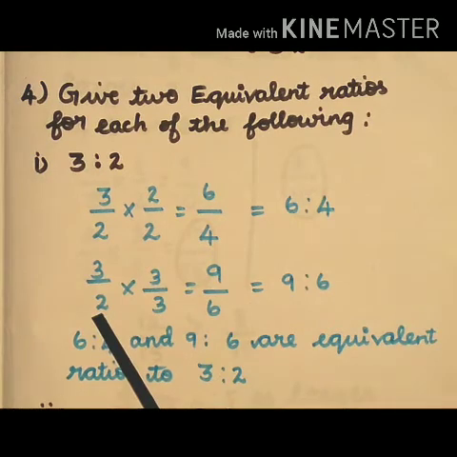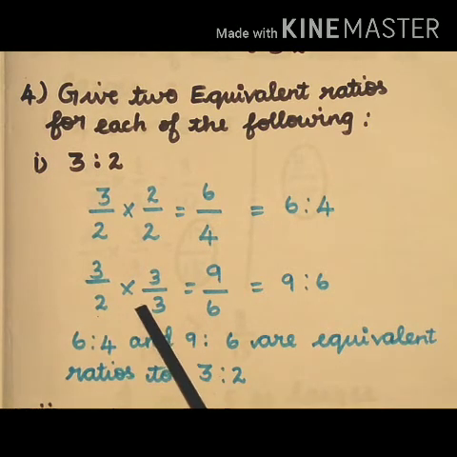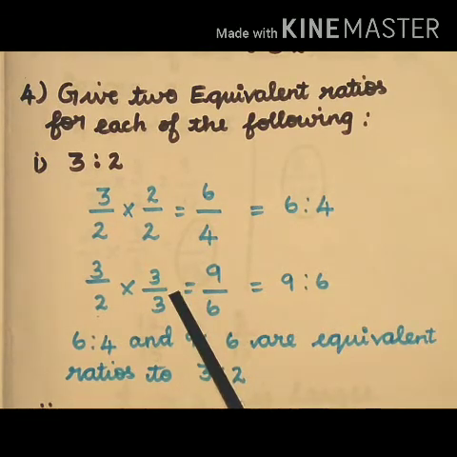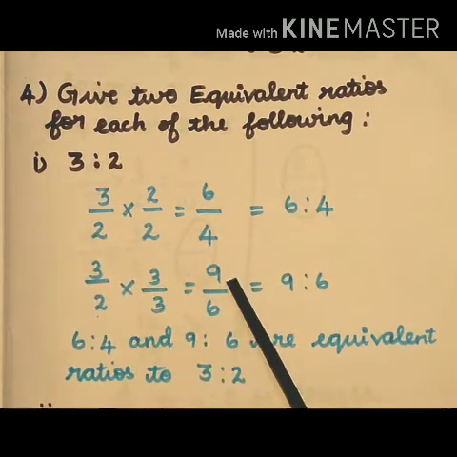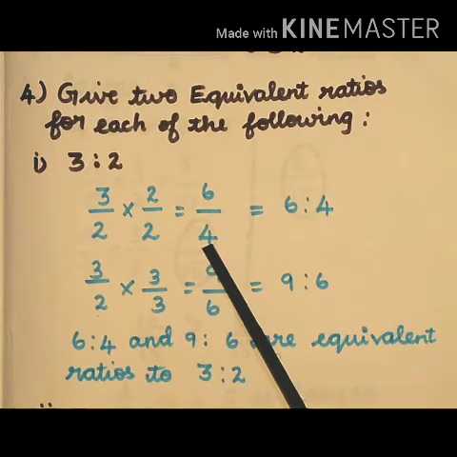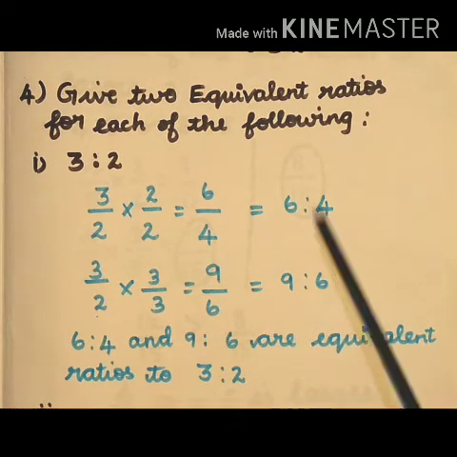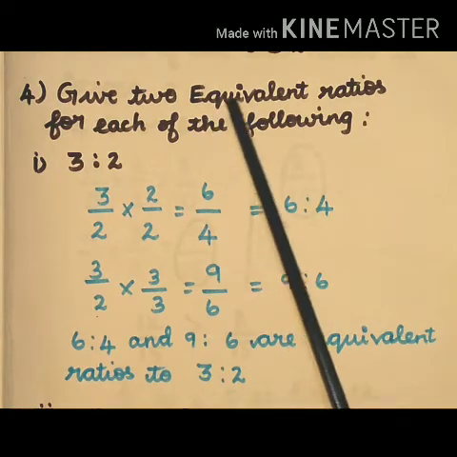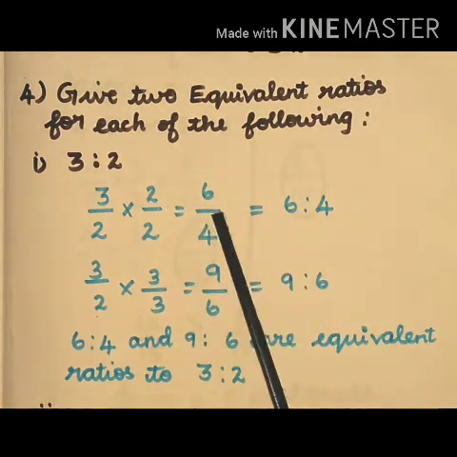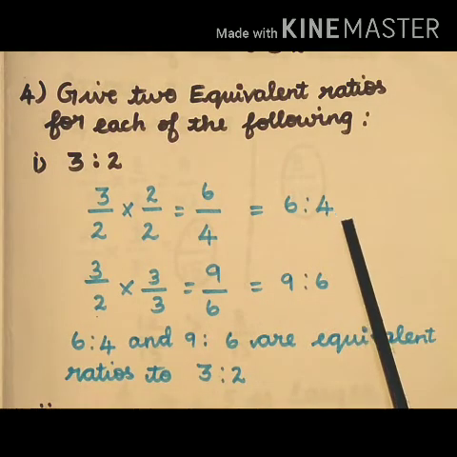Then to find the second equivalent fraction, you have to multiply the numerator and denominator by 3 by 3. 3 3s are 9, 2 3s are 6. Then you have to change this fraction into a ratio because the question asks to find equivalent ratios. See, 6 by 4 as 6 is to 4.